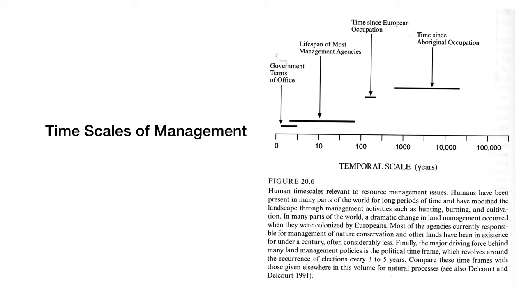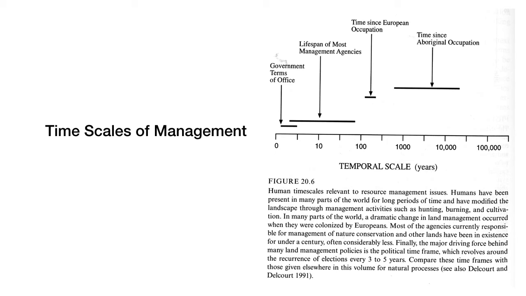And note that as far as this author is concerned, once we get back past, say, 15,000 years or so, the time since Aboriginal occupation, humans weren't playing a role on the landscape, at least in terms of this figure. So when we talk about humans, we have to be very clear about whether we're talking about the evolution of humans or whether we're talking about some other scale, anthropological, say, scale of human activity.